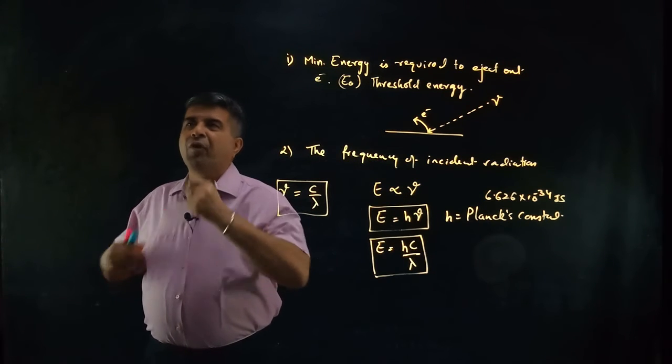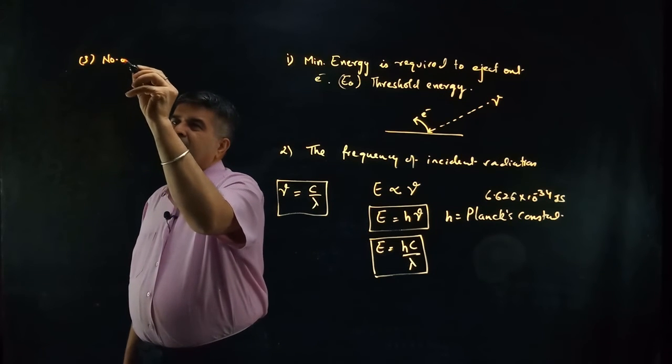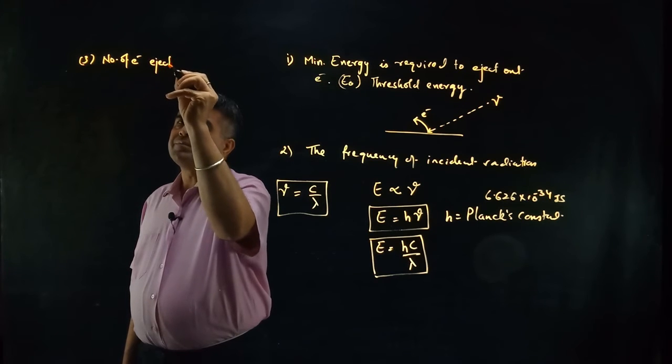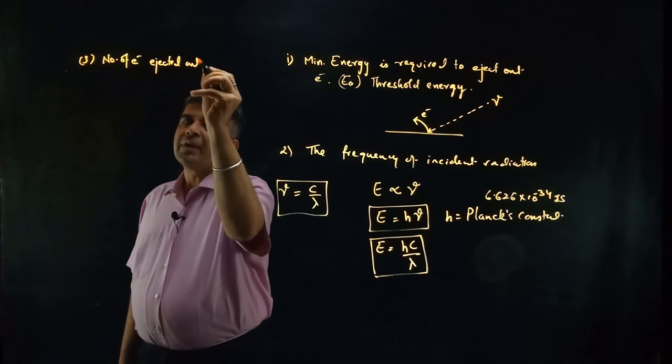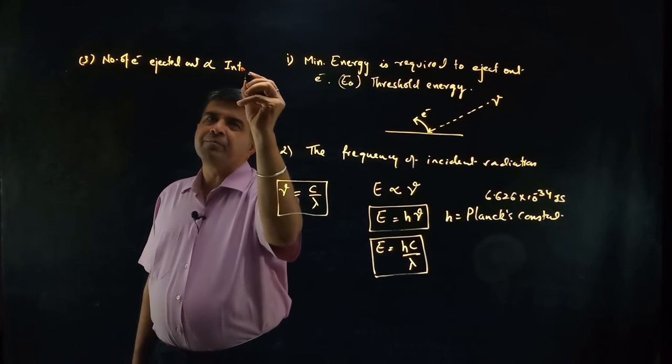Now the third point was that the number of electrons ejected out is proportional to intensity of radiation.